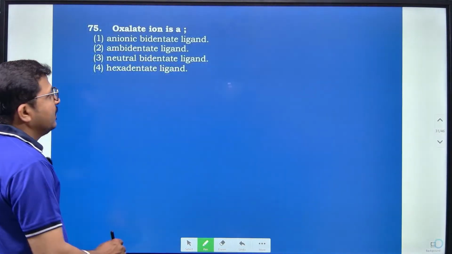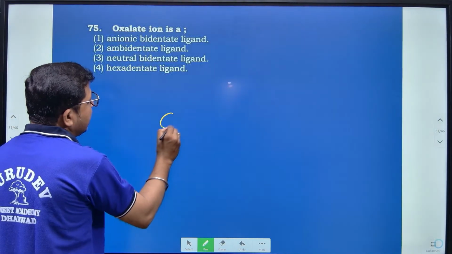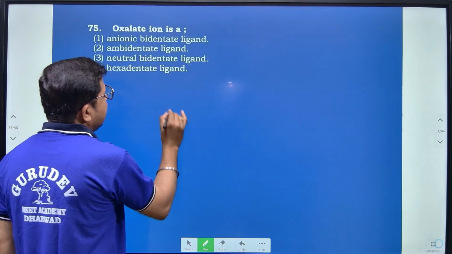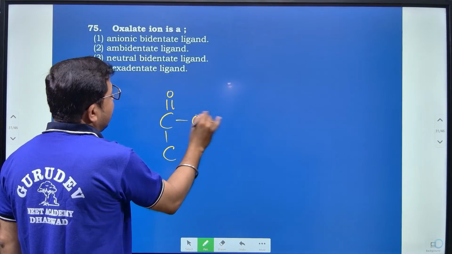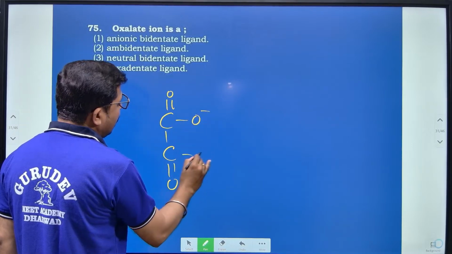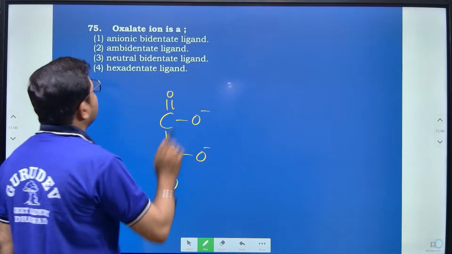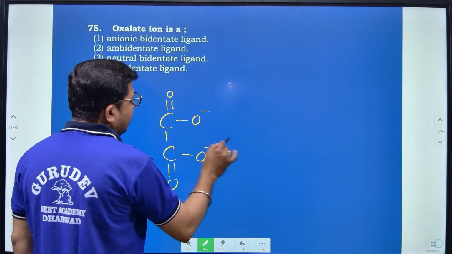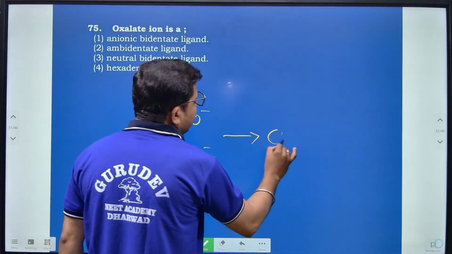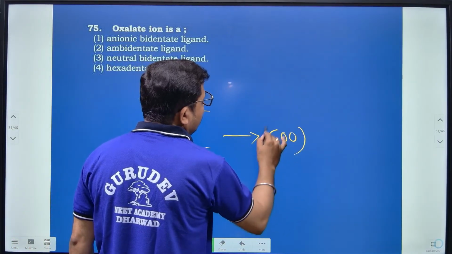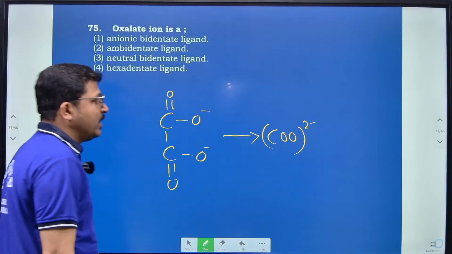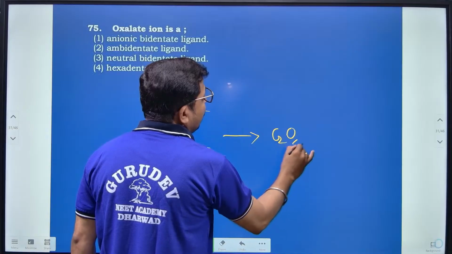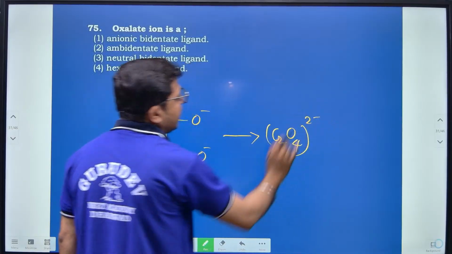Oxalate ion is simple. I will write the structure of oxalate. C double bond O, O minus; C double bond O, O minus. There are 2 minus charges. Due to that reason, we write it as C2O4 2 minus.